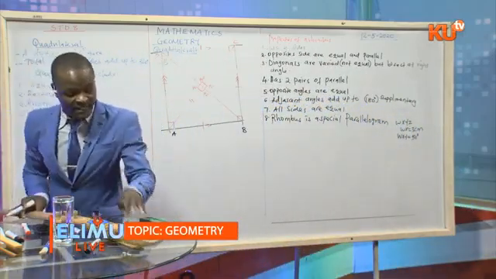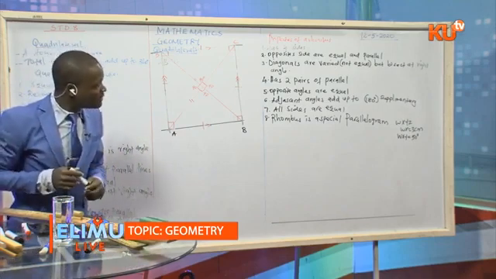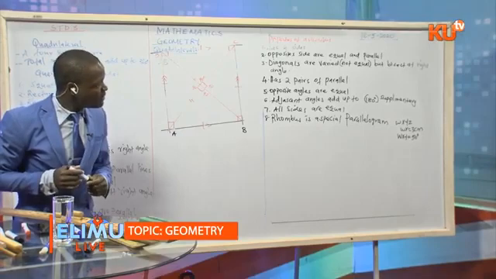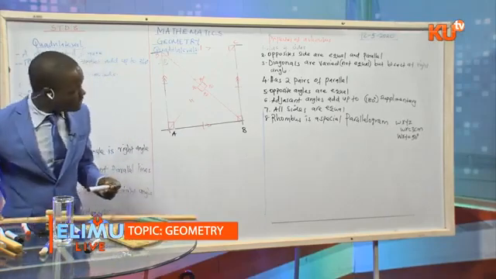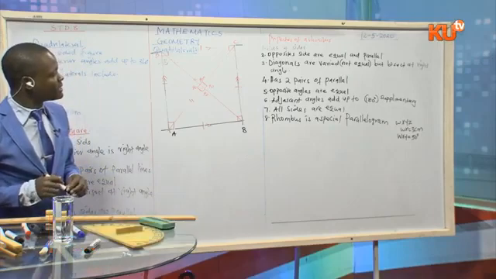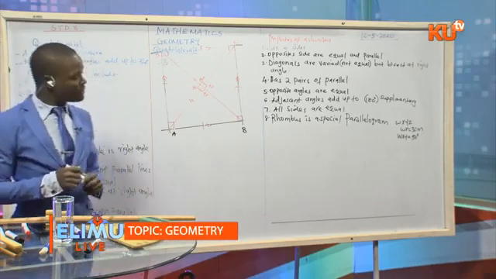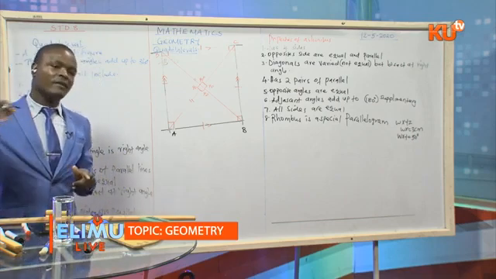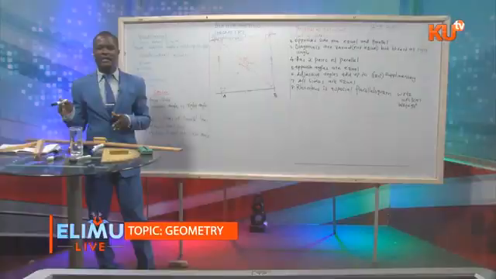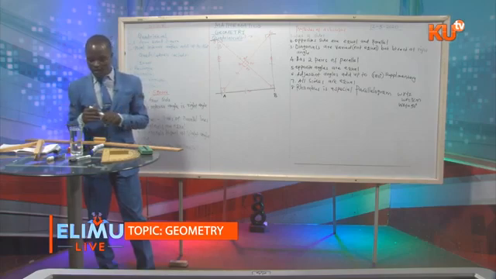Then we are constructing a rhombus WXYZ with side WX 3 centimeters. Remember, a rhombus has all sides equal. So if line WX is 3, the other 3 remaining sides are also 3 centimeters because all the sides of a rhombus are equal.